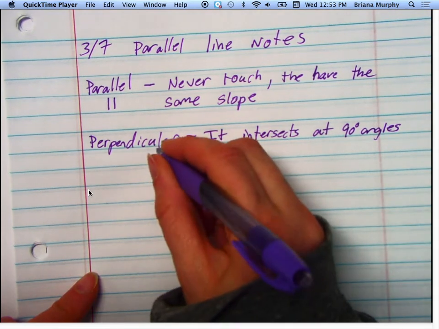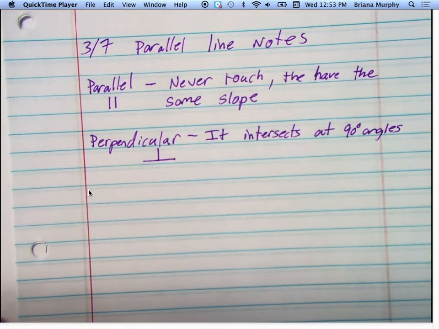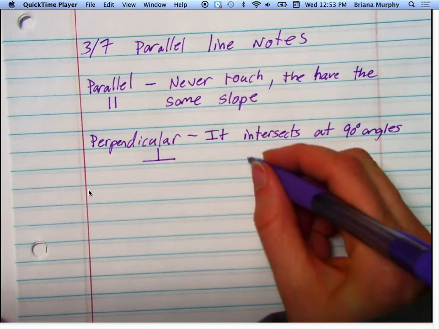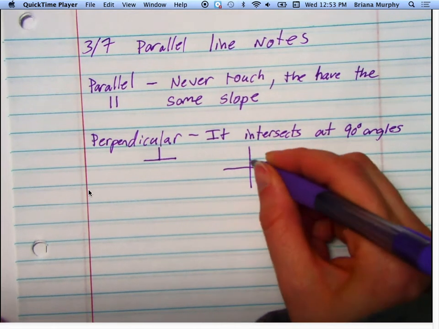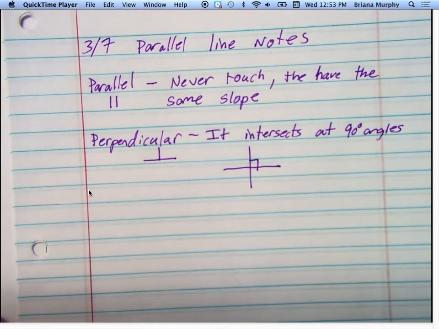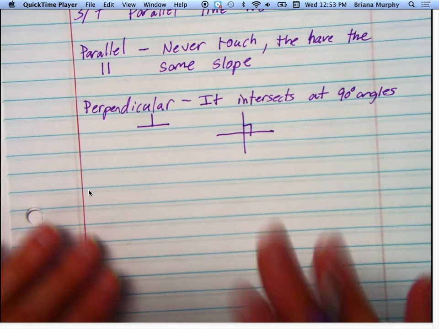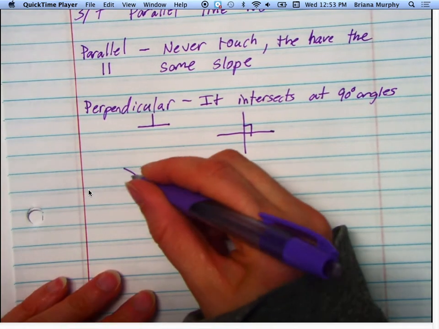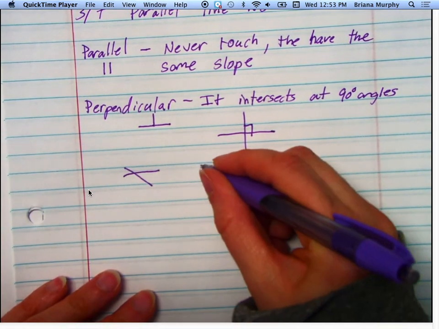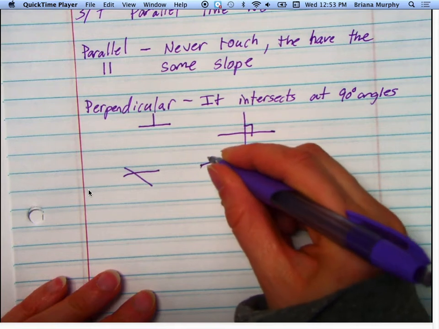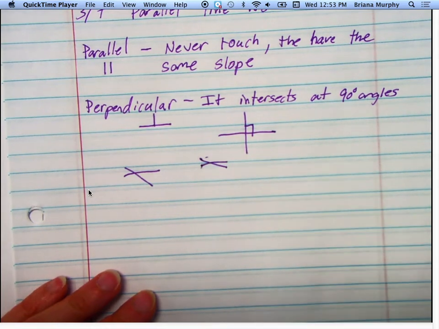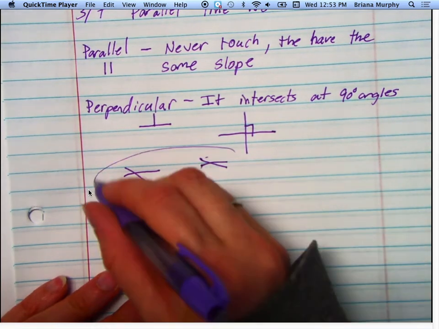We often say perpendicular by doing an upside down T like that. Perpendicular lines meet at 90 degrees. Now there are such things as intersecting lines, right? Which just don't necessarily meet parallel or perpendicular. We call these intersecting.